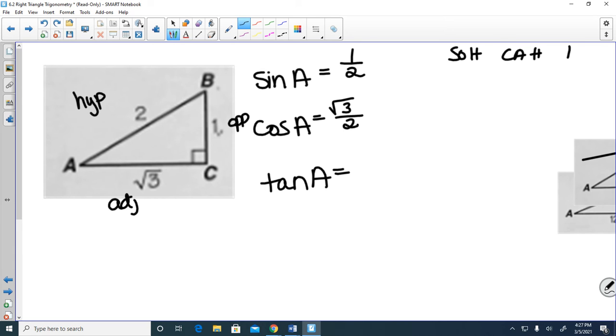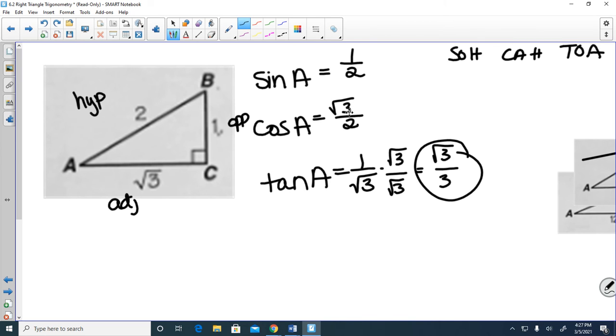Opposite over adjacent, 1 over the square root of 3. Now, when you go to enter this in Delta Math, I think they're going to make you rationalize the denominator. It means you can't leave a radical in the denominator. So multiply the top and the bottom by the square root of 3. 1 times square root of 3 is square root of 3. Square root of 3 times square root of 3 is just 3. So leave it like that.